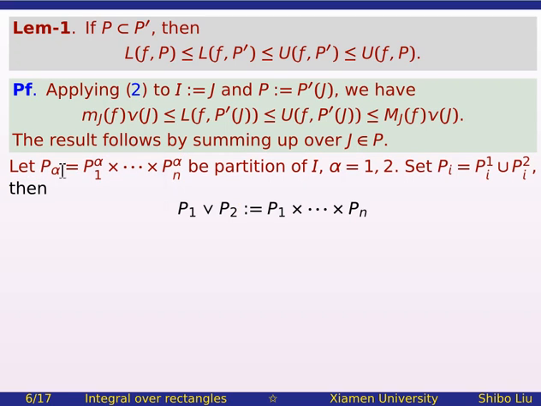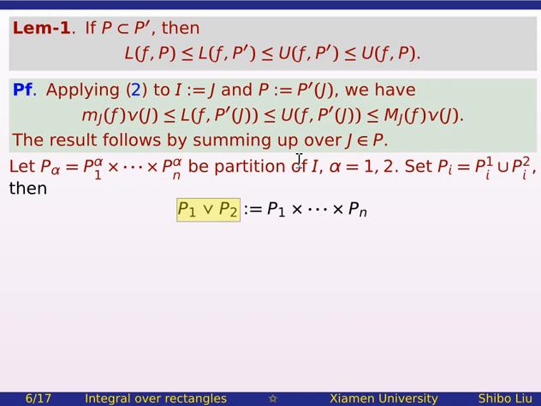That is, given two partitions P1 and P2, for every edge you take the union of all the points to give a new partition of that edge. So for the n edges, you determine the partition. This determines a partition of the whole rectangle. Okay, so this is a refinement of P1 and P2.